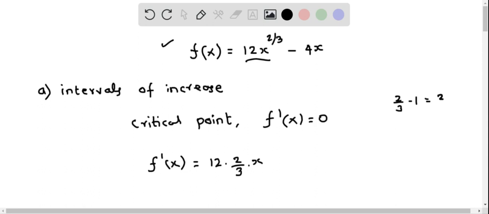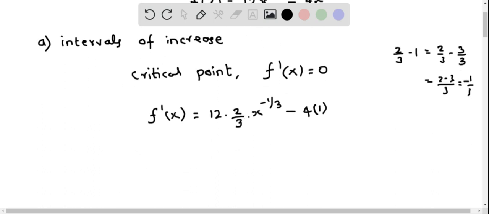So this equals 2/3 minus 3/3. This equals (2 minus 3)/3, which equals negative 1/3. So I write x^(-1/3) minus the derivative of 4x, which is 4 times the derivative of x, which is 1. So let's simplify this.